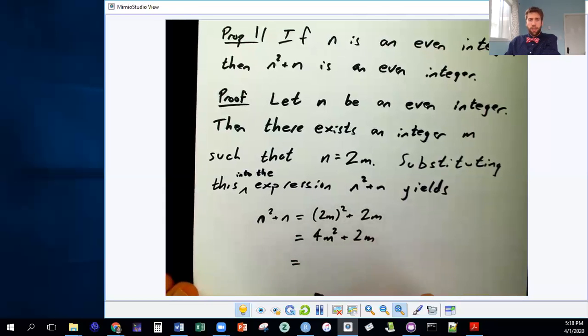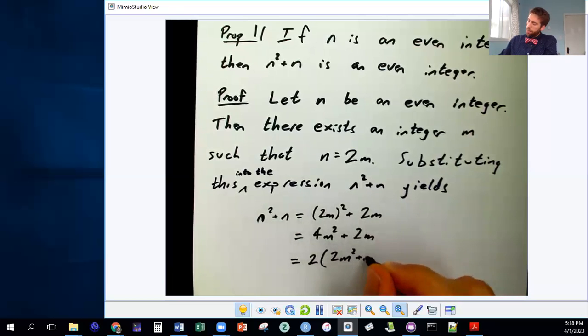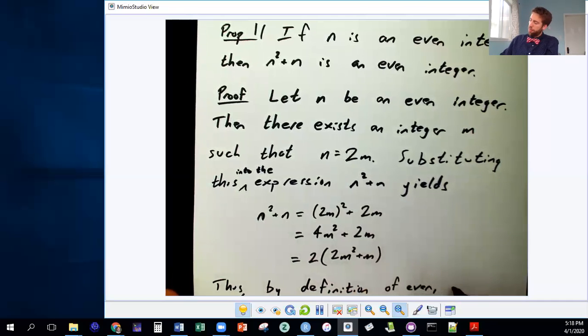Here we're trying to remember what we're trying to prove. We're trying to prove that this number is even, so we want to factor out a 2: 2 times (2m squared plus m). Thus, by definition of even, n squared plus n is even.